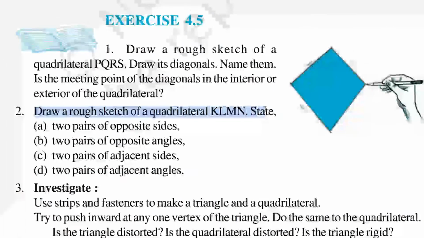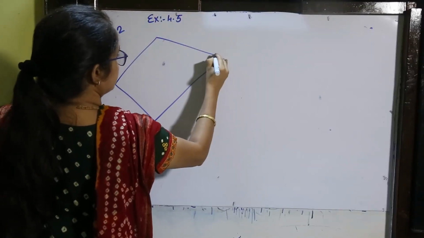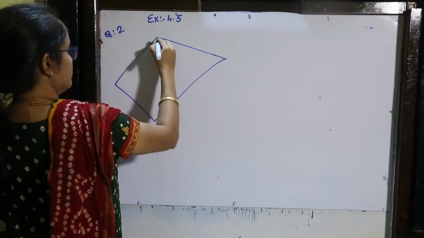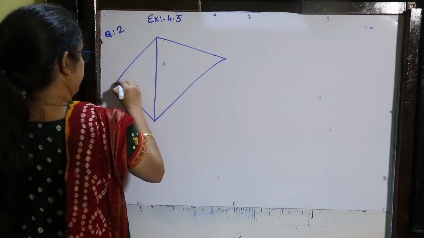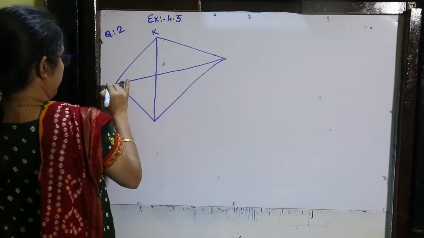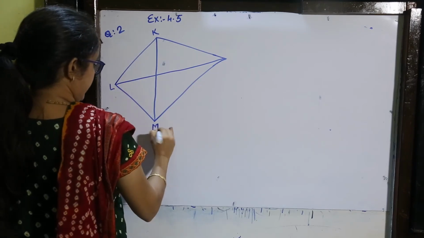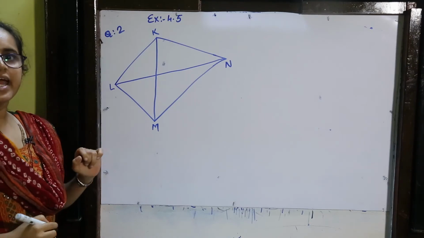Now here it is saying draw a rough sketch of quadrilateral KLMN. I'm drawing it for you here. You also draw. This is a quadrilateral KLMN.